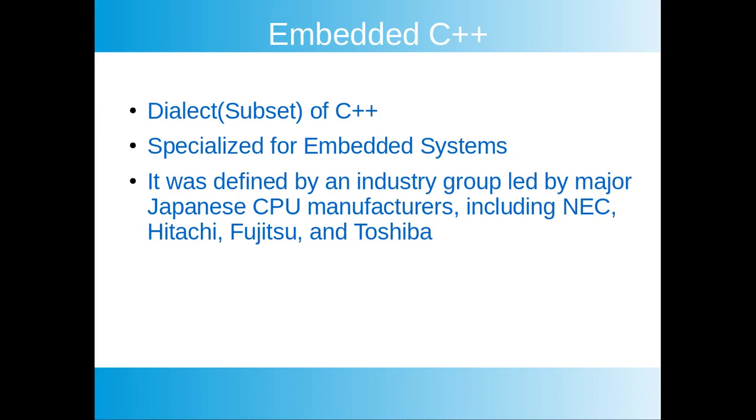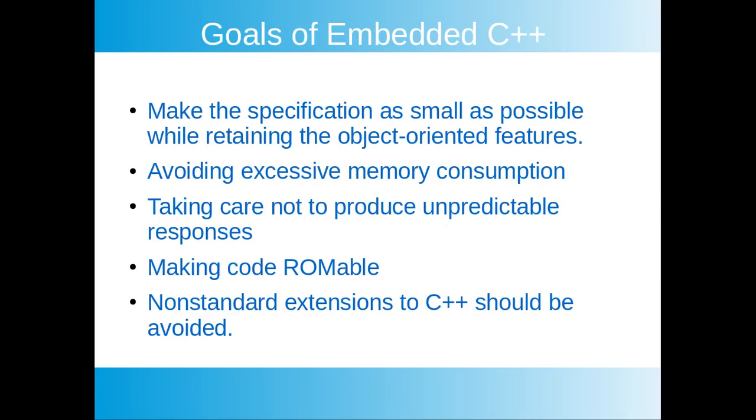Embedded C++ is optimized for embedded systems, and it is an object-oriented language, so it has many perks of object-oriented languages. It is defined by a group of Japanese CPU manufacturers like NEC, Hitachi, Toshiba, etc. Now we will see what the goals of embedded C++ are.